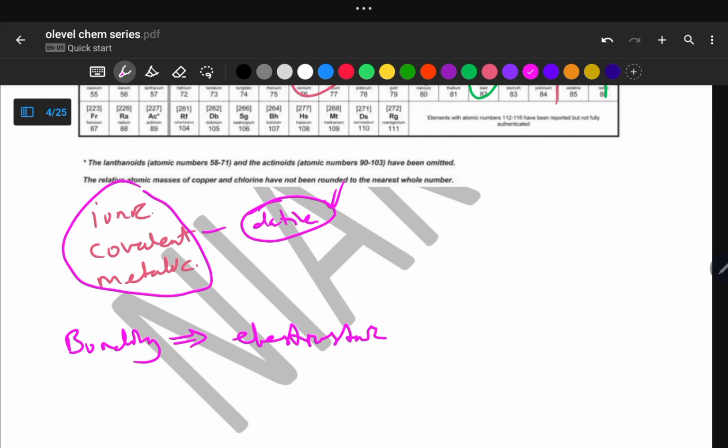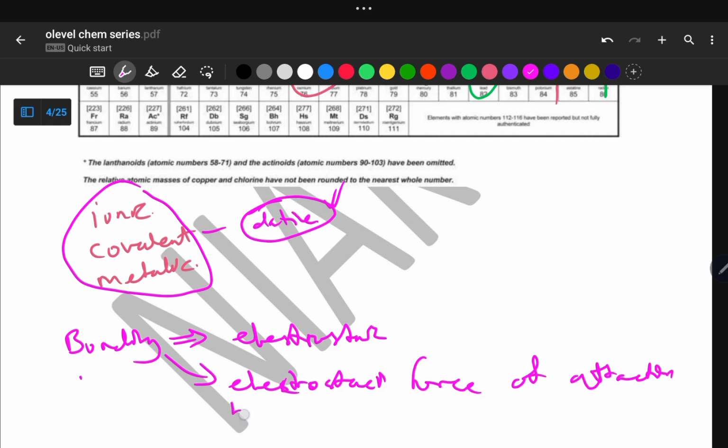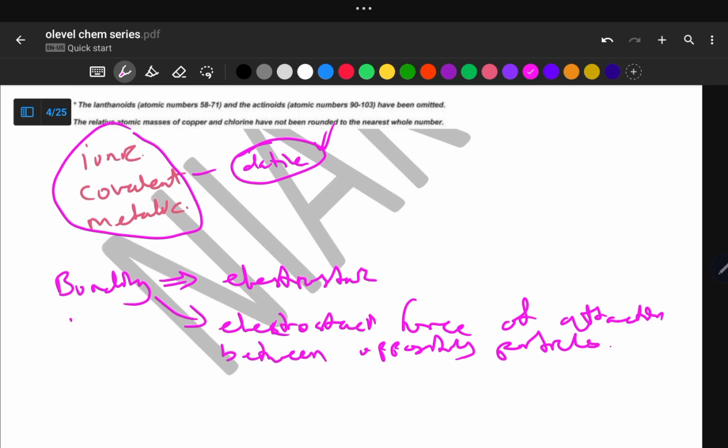So bonding is defined as the electrostatic force of attraction between oppositely charged particles. So all these bonds are said to be electrostatic in nature.